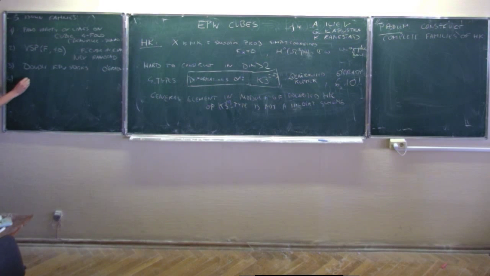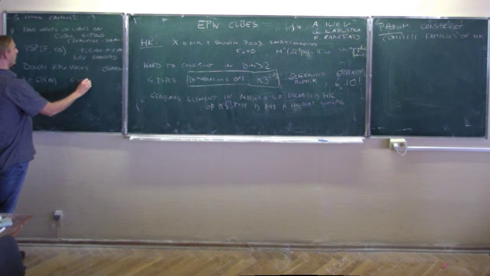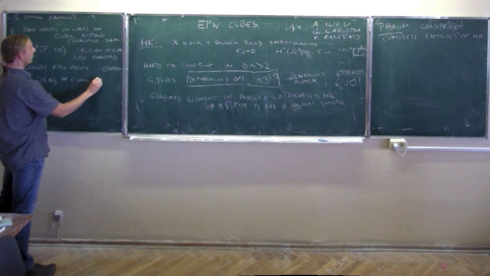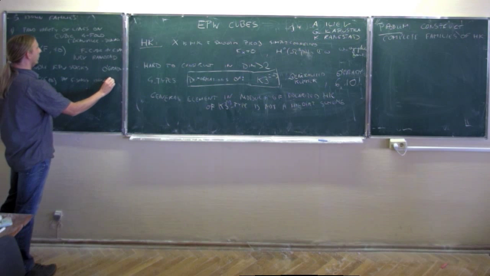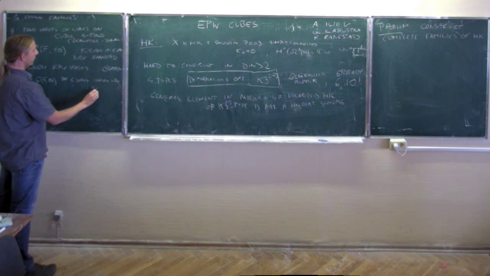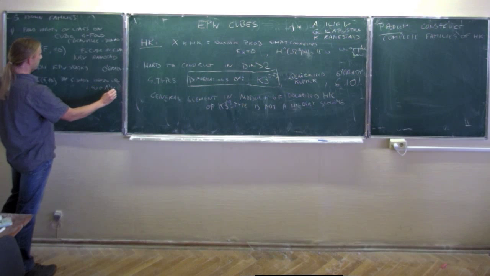The next one is the subset of the Grassmannian G(6,10) parameterizing 6-spaces isotropic with respect to a chosen 3-form.